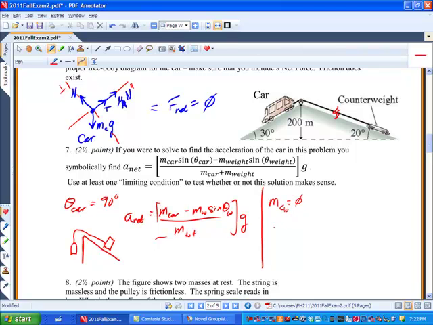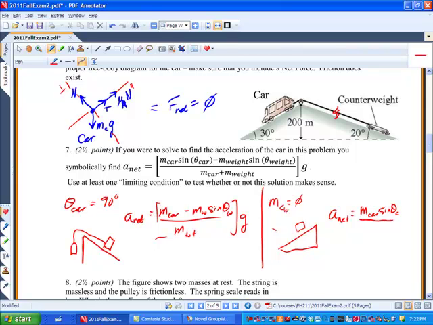And in this case, that's now just a car rolling down a plane, and equation-wise, that's going to give us that A net is going to equal m car sine theta car.